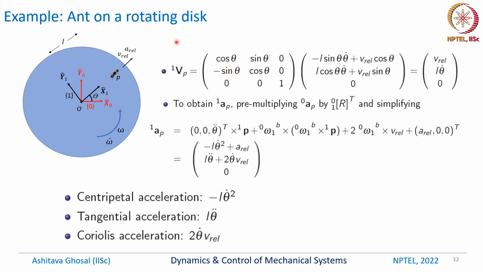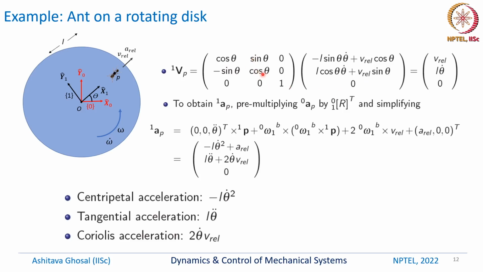Continuing with this ant on a rotating disk example, the velocity of this ant in the 1 coordinate system is given by this rotation matrix. It is nothing but R transpose into the linear velocity component, which is minus L sine theta theta dot plus V rel cos theta, L cos theta theta dot plus V rel sine theta, 0.